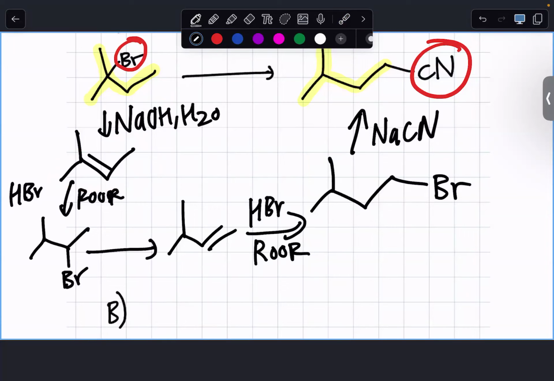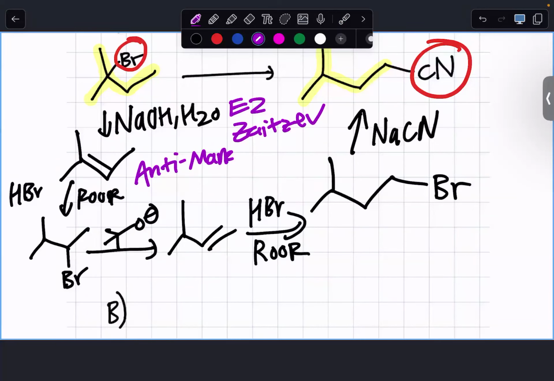How can we make this less substituted double bond from this good leaving group? Yeah, Hofmann, with a bulky base like tert-butoxide. So the first step was E2 Zaitsev. Second step was anti-Markovnikov HBr. Then the third step was E2 Hofmann.